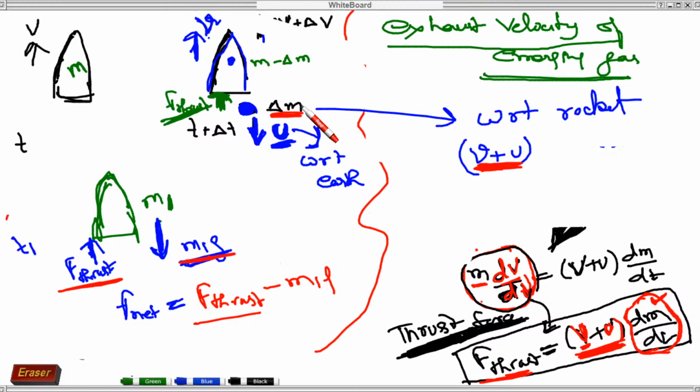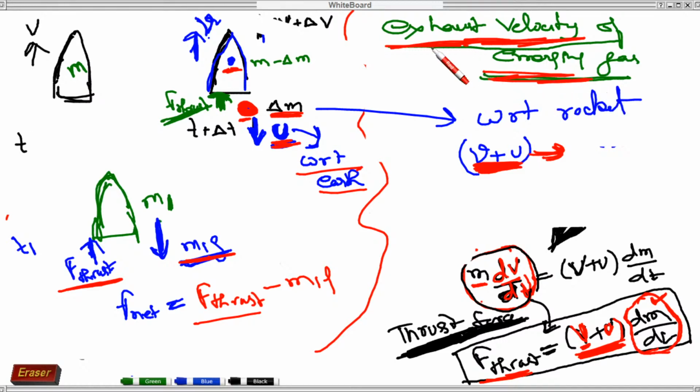So for me standing on earth, u is with respect to earth, but the person sitting on the rocket will see delta m move with velocity v plus u.